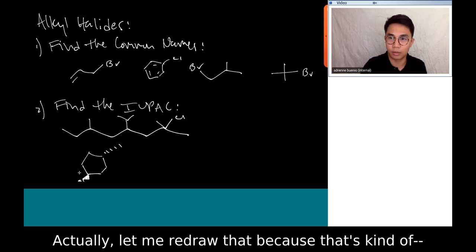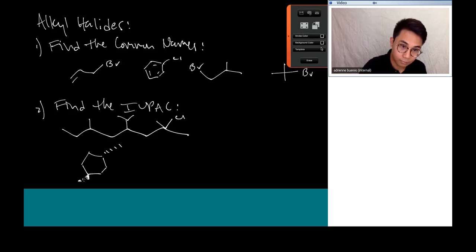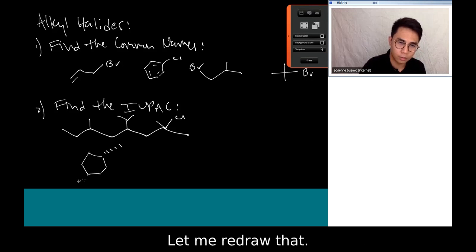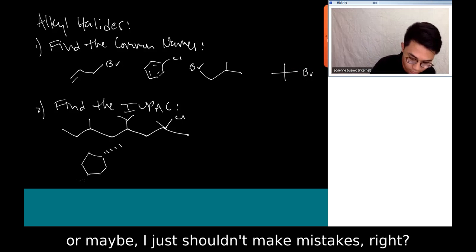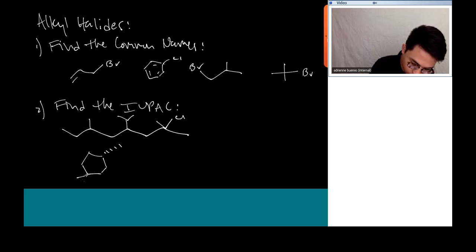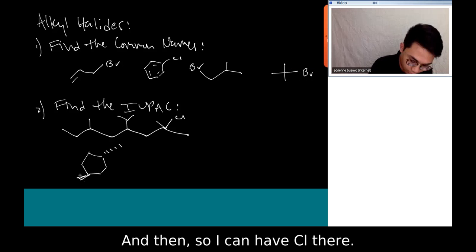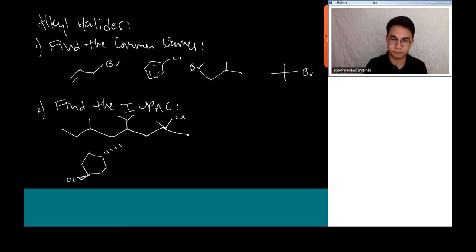Actually, let me redraw that. I wish I had a bigger eraser, or maybe I just shouldn't make mistakes, right? Okay, so I'm going to draw it this way. Okay, and then I can have Cl there. Okay, so pause the video, take a minute. Give me all the names.